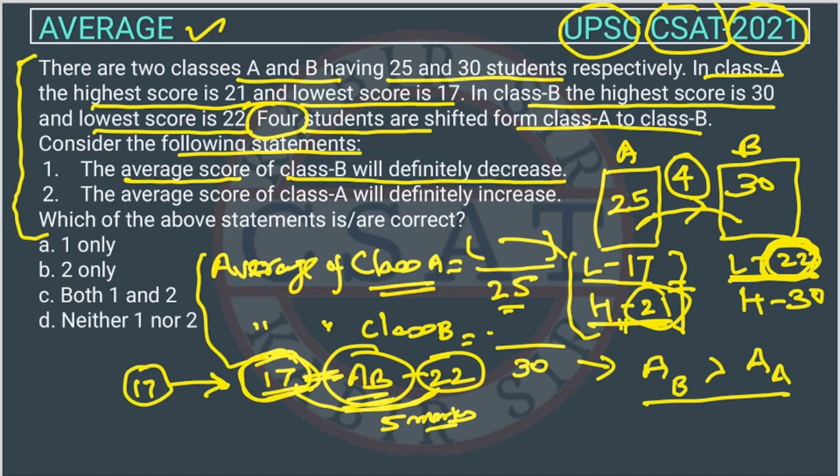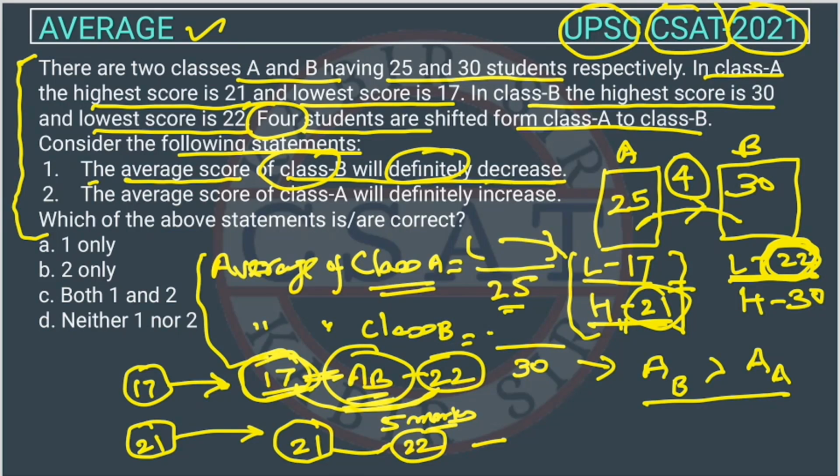Or it may be possible that we are shifting the highest-marks student from class A to class B. Even in that case the average will reduce, because here the maximum marks is 21 but the average score of class B is 22, so there is still a difference. So the average will still reduce. So we can conclude that the average score of class B will definitely decrease in both cases, right? So this option is right.